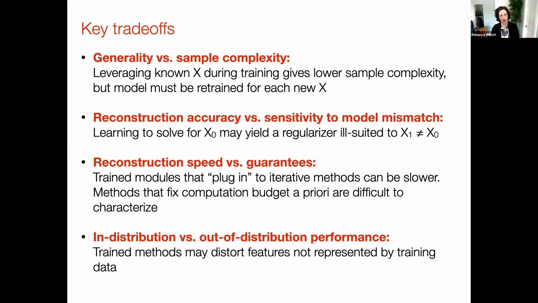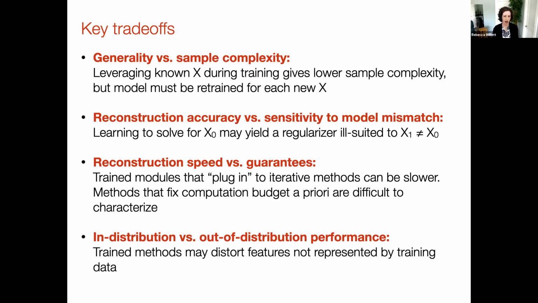First is generality versus sample complexity. So for instance, as we went through today, we compared these decoupled approaches where you separate out the learning process from knowledge of the forward operator to methods that use knowledge of the forward model throughout the training. And what we've seen is that using the forward model knowledge throughout the training really has some important empirical advantages when it's known and when you've got small numbers of samples.